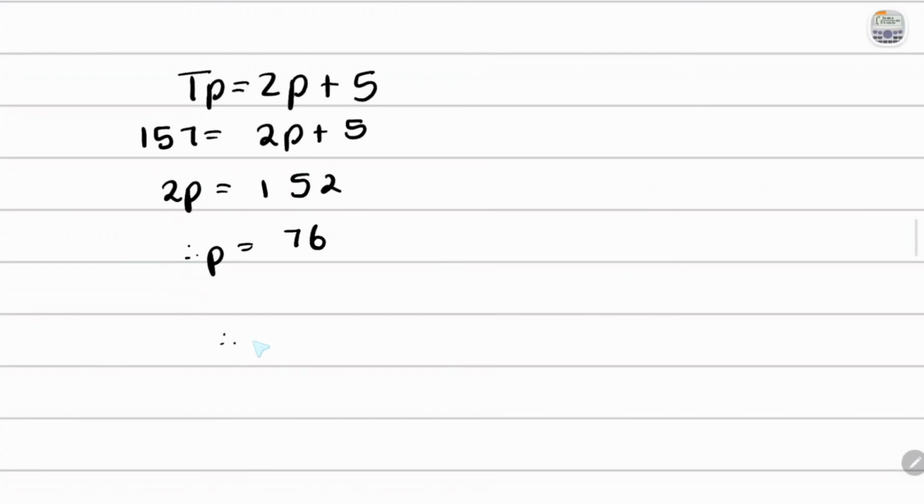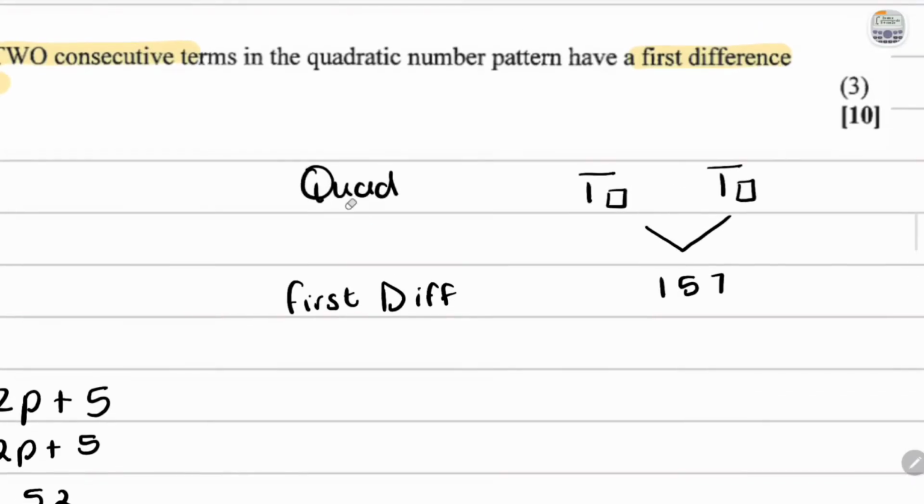So this means this is term 76 in the first difference, that is equal to 157. What does that mean about the quadratic pattern? Which two terms here would this be? If it is term 76 in the first differences, then it's going to be between term 76 and term 77.